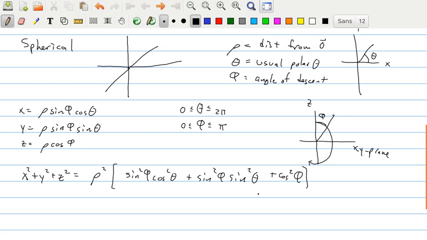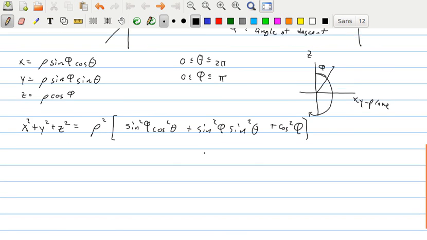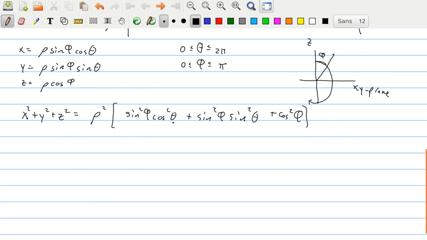Now that looks kind of like a mess. To simplify this, if you look at the first two terms in here, these both have a sine squared phi in common. So let's factor that out. So that gives us sine squared phi times, and then what's left over after we factor it is cosine squared theta plus sine squared theta. And then we've got this extra cosine squared phi at the end.